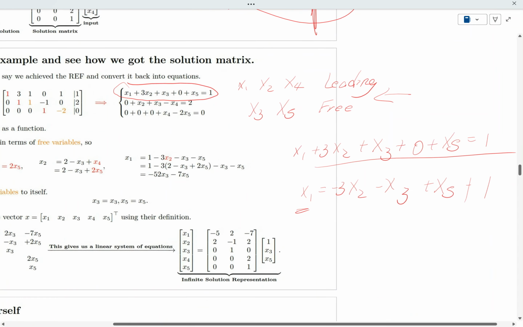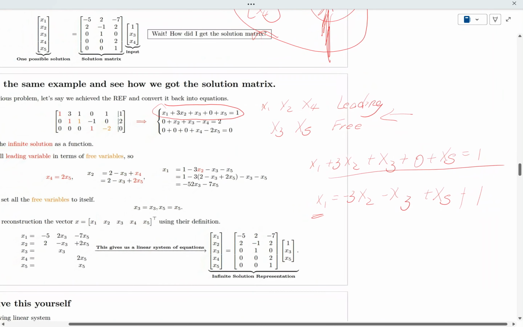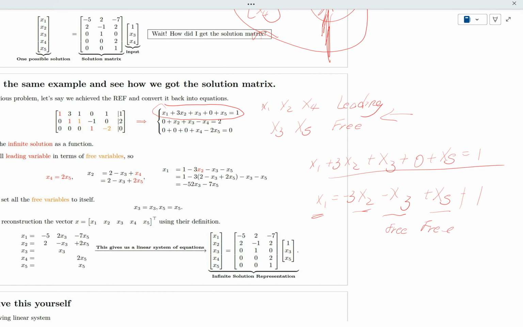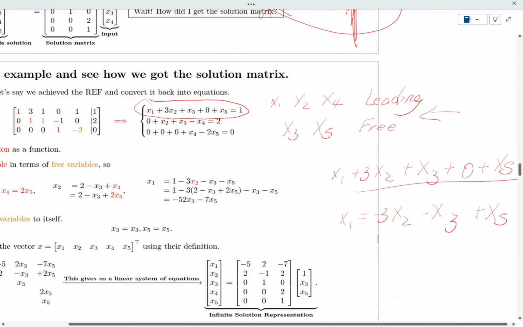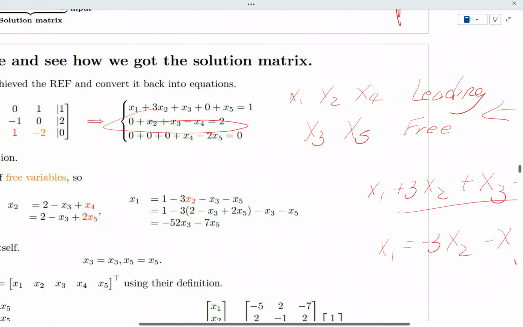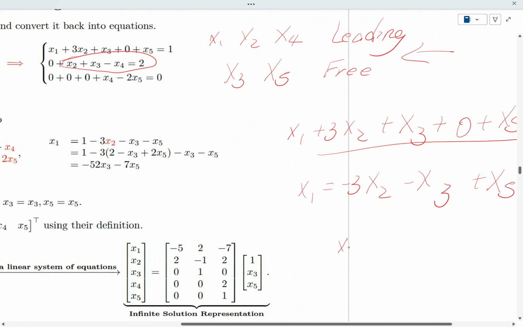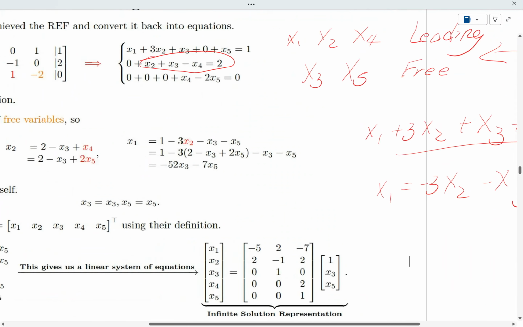However, x1 is not in terms of free variables. x3 and x5, these are free, but x2 is not. Okay, so what is x2 then? What was x2? Well, x2 is here. So let's look at x2. I wrote all these down already.